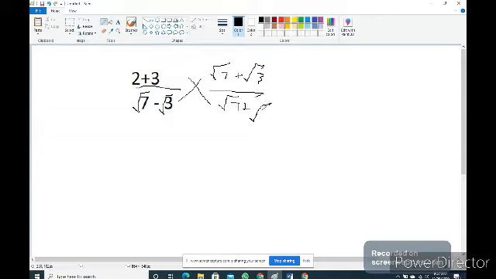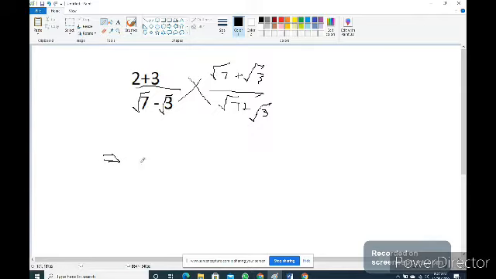The main rule is that for rationalizing the denominator, we multiply the numerator and denominator both by the same conjugate, because in order to rationalize, it will be easier. So when we multiply, we get root 7 minus root 3 into root 7 plus root 3.